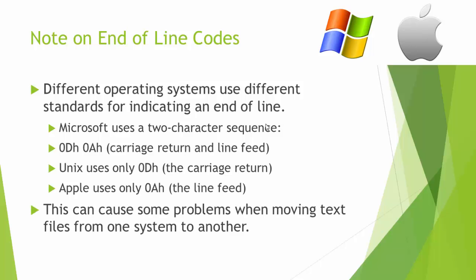Now what this means, if you're a programmer, you may have seen instances where moving text from one system to another causes problems. This is a fact of life for programmers today. It would not be the most significant problem, but it is a problem moving information from one system to another.